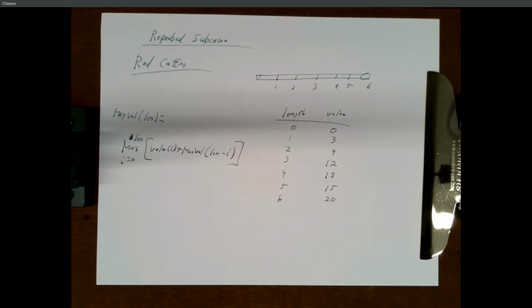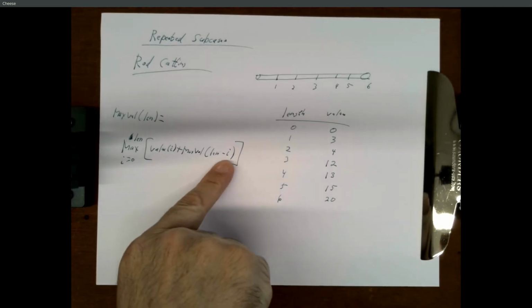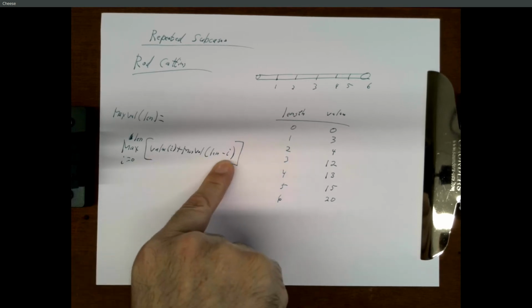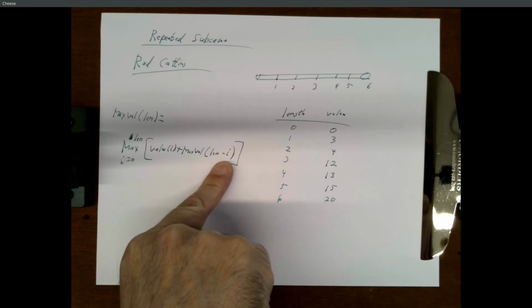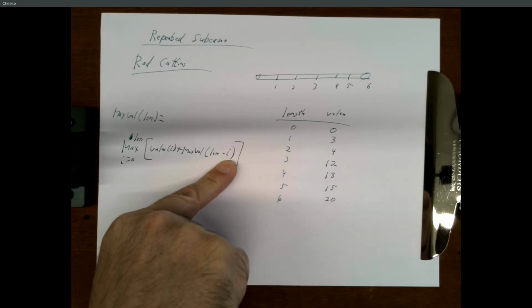Alright, so it's the same repeated substructure. Take the value of a 0 length bar plus the max value you can get from, in this case, 6 inches. The value of a 1 inch bar plus the max value you can get from 5 inches, and so on, all the way up to a 6 inch bar plus the value you can get from 0.